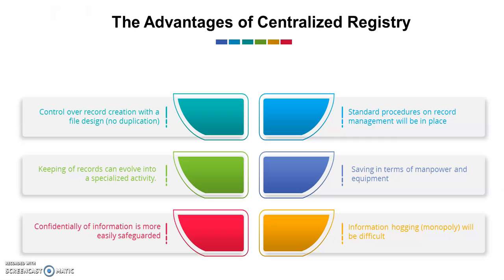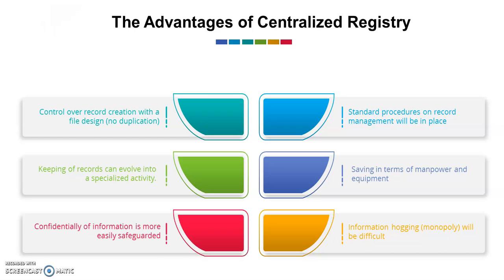Next, when we have a centralized registry, definitely we will have standard procedures on record management in place. We will use the same standard procedures since the authority comes from one department. The next advantage is that in a central registry, the keeping of the record can evolve into a specialized activity. The record manager in charge will benefit from the experience of working in the centralized registry.